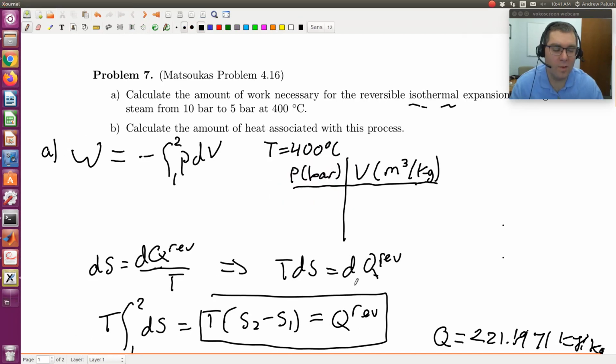And this works because T is constant. All right, because I'm integrating P with respect to V, so I want P only to be a function of V. And since temperature is fixed, I fix an intensive variable. I have just a single degree of freedom, and that works. All right, and I should be able to do it.